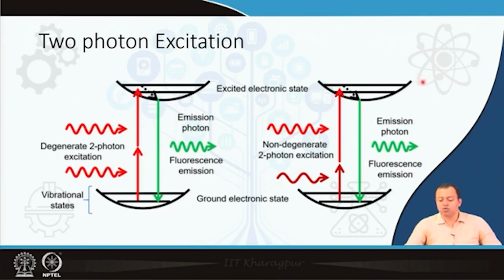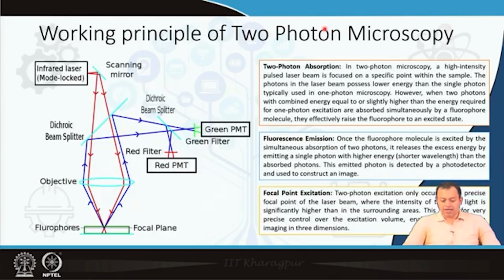If this is the S1 level and there are S2, S3, S4 above, as long as this is above the threshold, it can take you here, any frequency per se. The fluorescence emission will be of the exact same frequency, because any higher level S2, S3, S100 are highly unstable and no electron can stay there for more than a few femtoseconds, attoseconds, picoseconds, right.